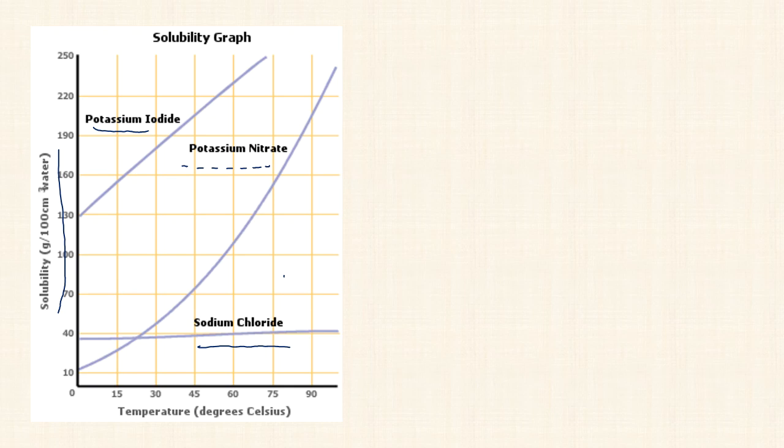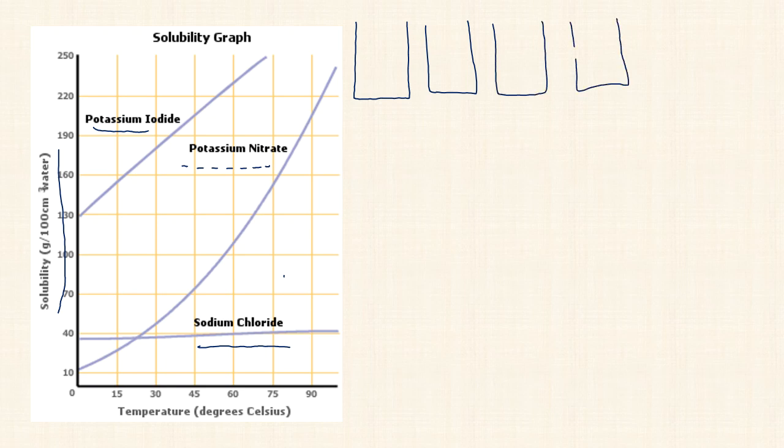The way this graph can be read is somebody took some beakers, and in these beakers, the scientists put 100 milliliters of water in each. They heated the beakers to different temperatures.